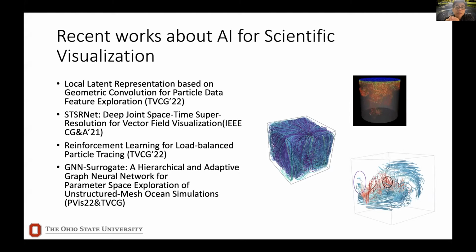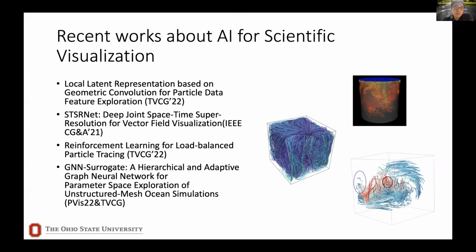And the next paper I want to describe today is a joint work with Professor Guihua Shan, our session chair today, about how we perform space-time super resolution for vector field visualization data. Because of time constraints, I probably won't be able to talk about the other 2 works, but if you're interested, you can find the papers.